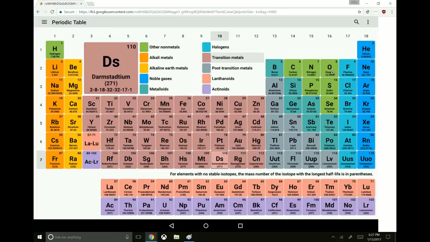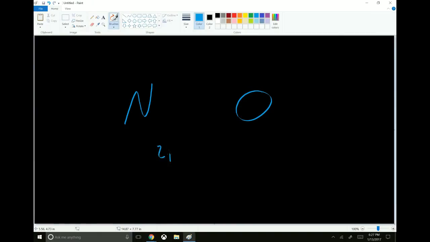But the exception to that is that nitrogen is 2p3, whereas oxygen is 2p4. Nitrogen is happy with a half-filled subshell. Oxygen, if you remove an electron, will get to a half-filled subshell. So oxygen is actually the lower, and nitrogen is the higher.